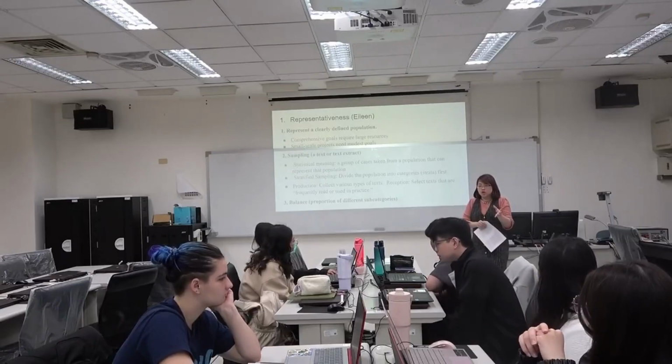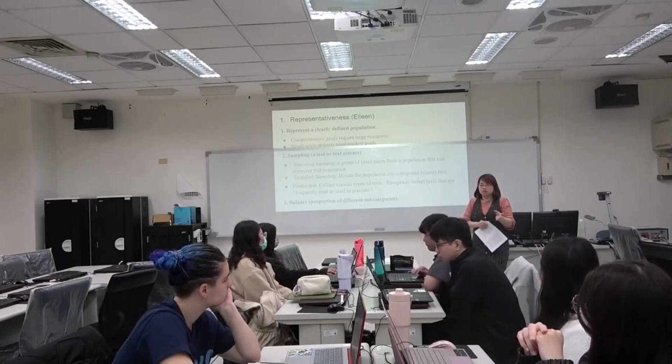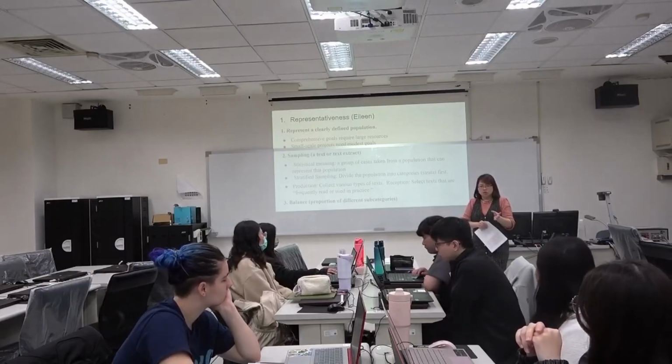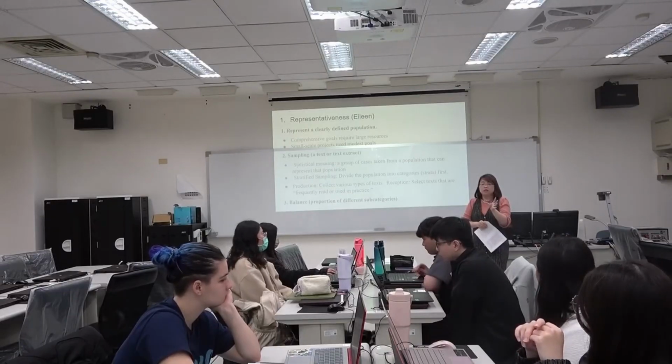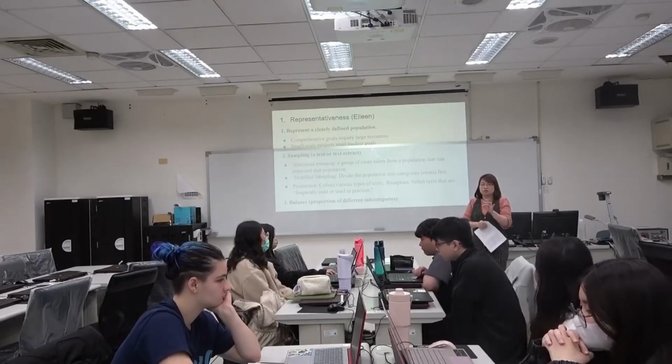But how much? Do we usually talk to friends? Yes. Do we usually talk to strangers? No. So maybe we need a lot of conversations between friends, but just a little bit about the strangers. Okay, so proportion.